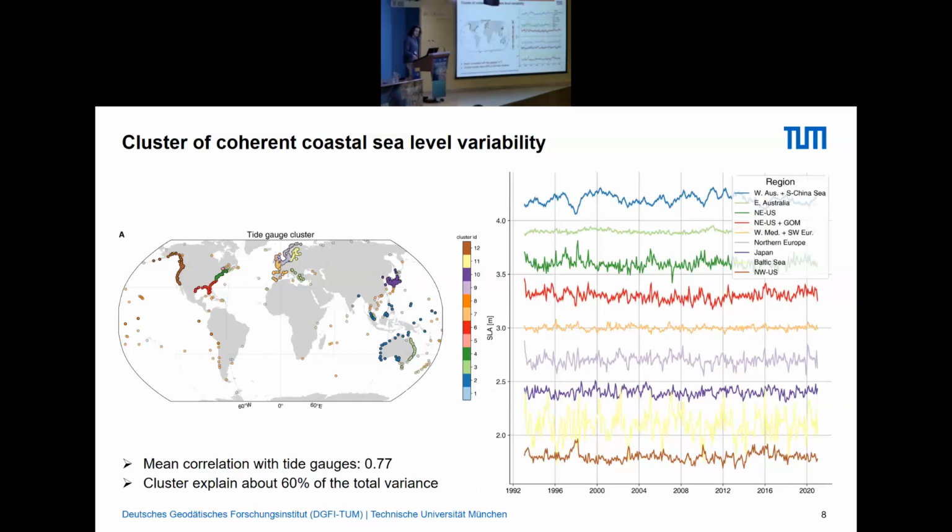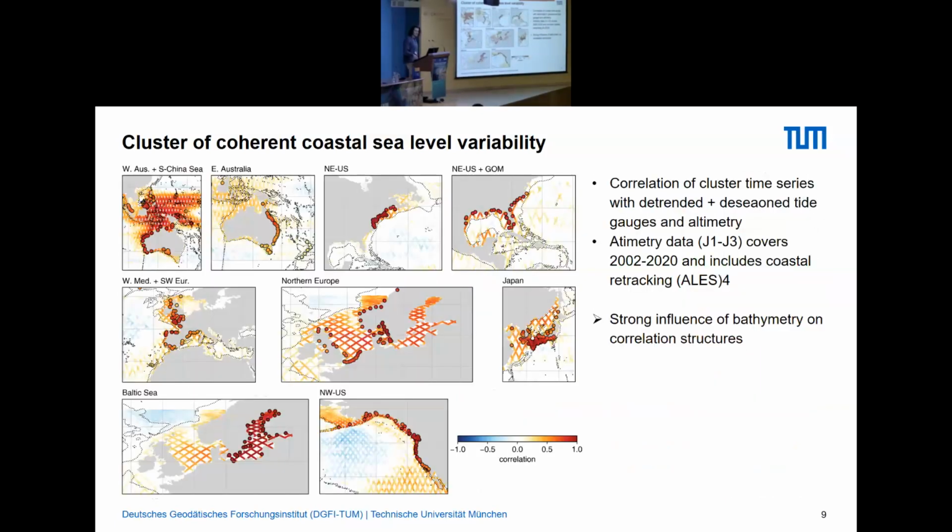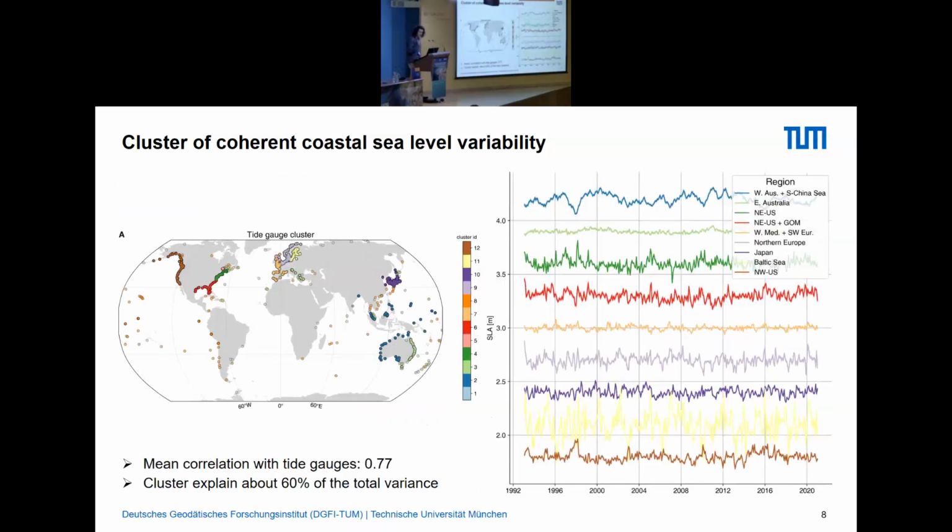I think my question is related to the coherence for the north. For the Northeast Pacific, yes, just use the previous slide. You can see it's very red at mid latitude and high latitude, and the southern part has nothing there.